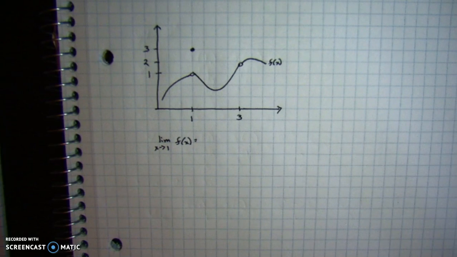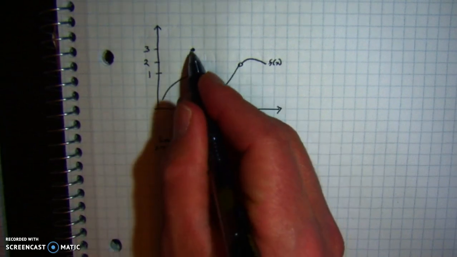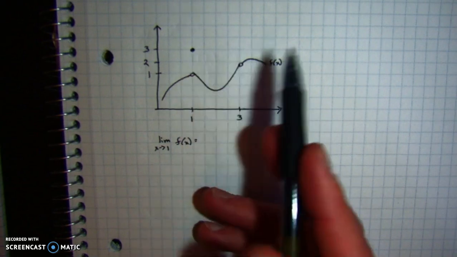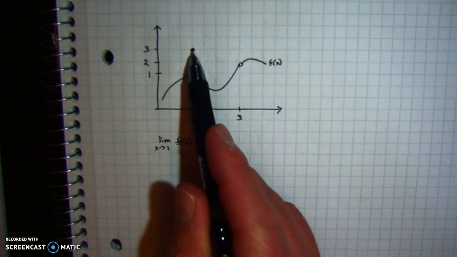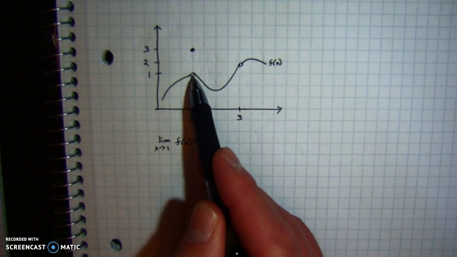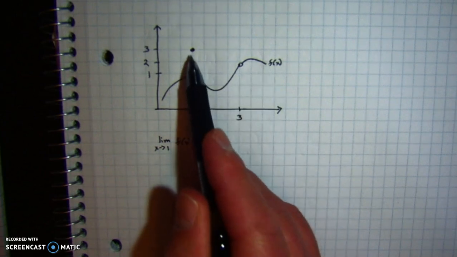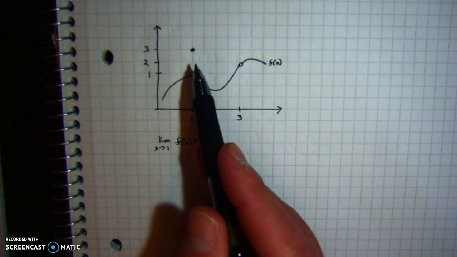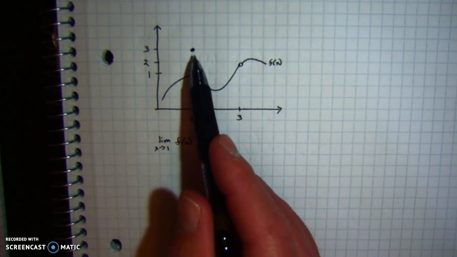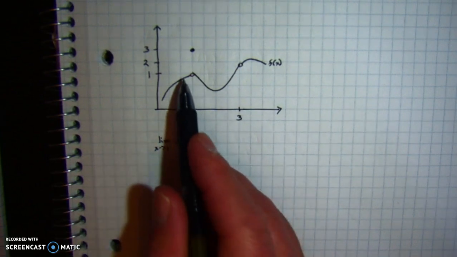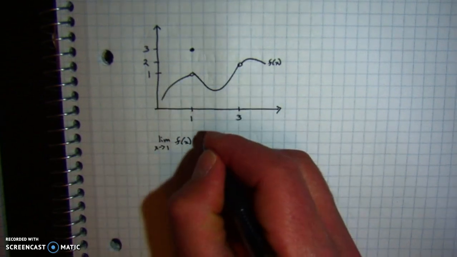Now, you'll notice here that this jumps. So you might be tempted to say, oh, well, obviously it's 3 because it's defined here. Like if you plugged 1 into your f of x, you'd get 3. But in this case, that isn't going to be the answer. In this one, it's going to be 1.